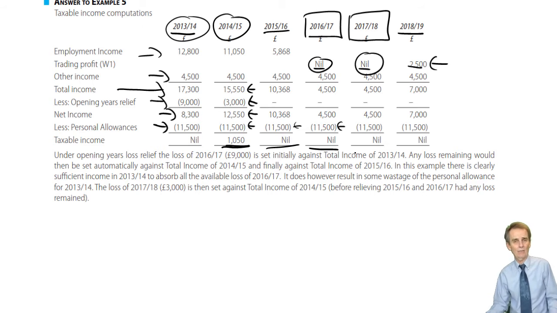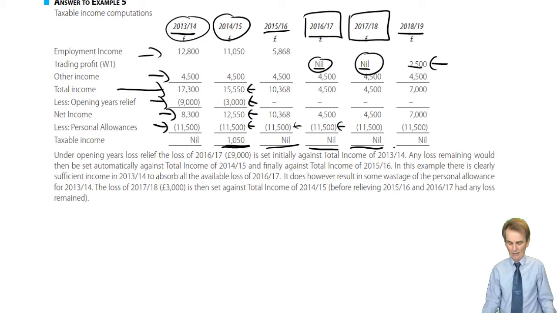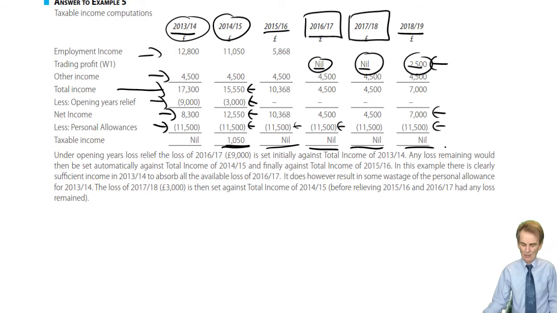Same situation in 17-18, a nil assessment, £4,500 property income, more than covered by the personal allowance. On to 18-19, well, at last we have a trading profit, but even when you add that to your property income, you're still nowhere near the figure of personal allowance, so yet again, it is a nil taxable income figure.